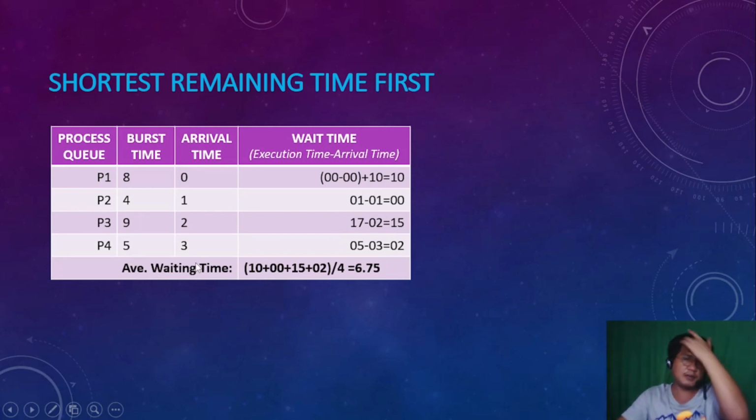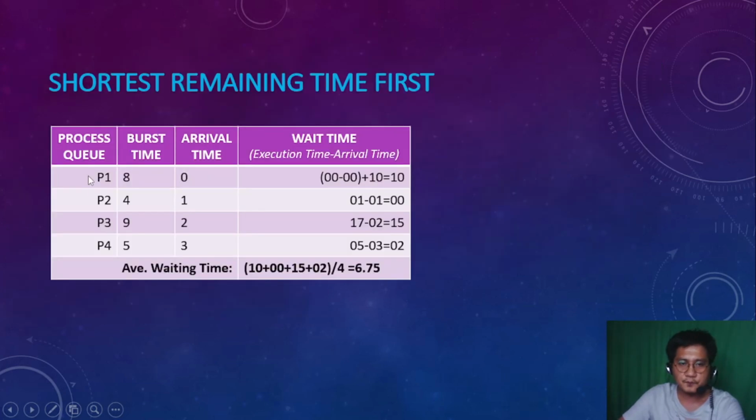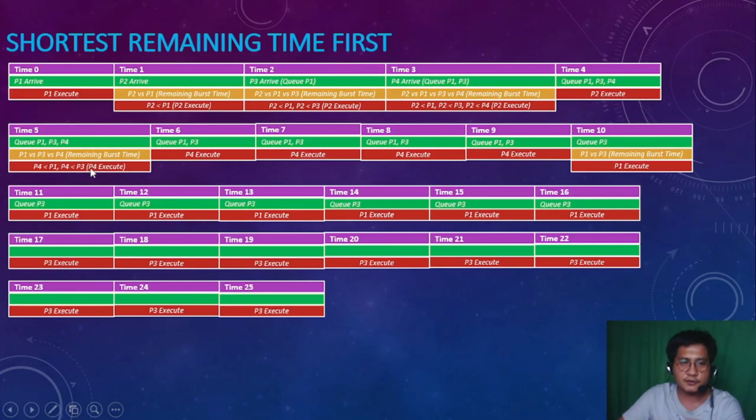And same happens with the process 4. Process 4 gets its execution time at time 5, time slice 5, as you can see here. So process 4 first execution is around time 5.